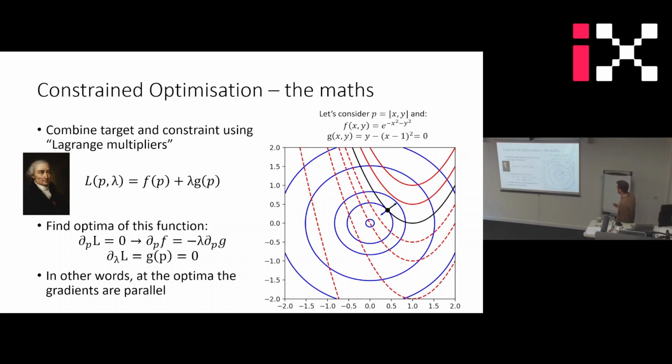So just to illustrate that a bit better, I've simplified Sleeve Donald even more to the blue contours here are our height, and our path here is these different parabolas, and our particular path where g equals 0 is this black point here. You can see at the optimum, if you draw on the gradients, the gradient in the height is pointing this direction, and the gradient in the path is pointing this.